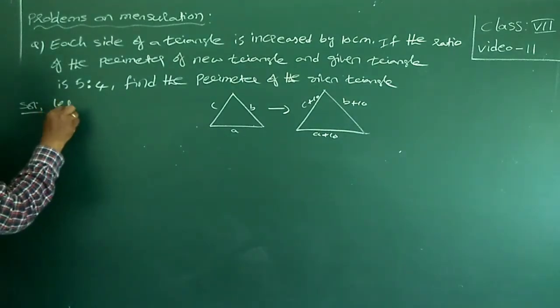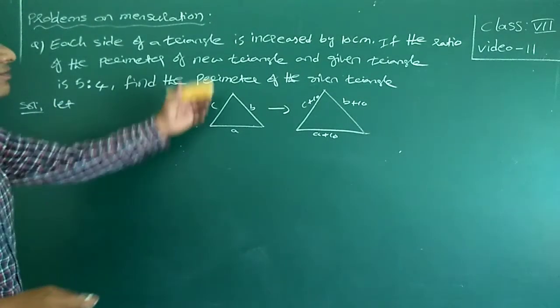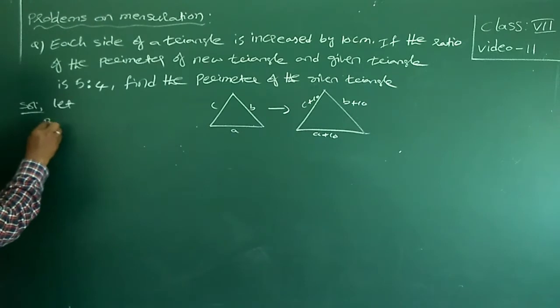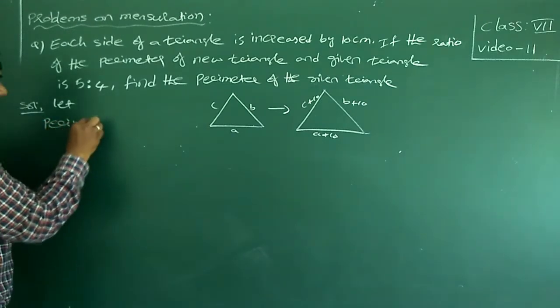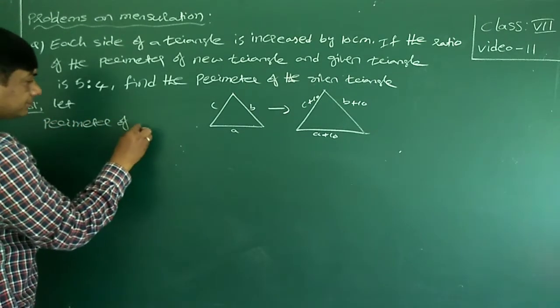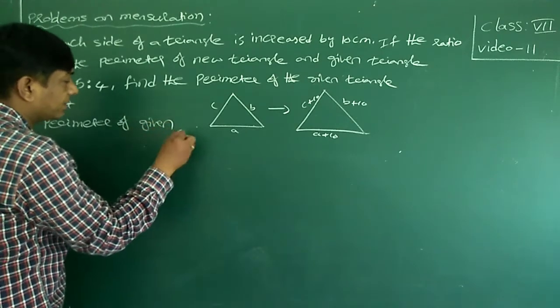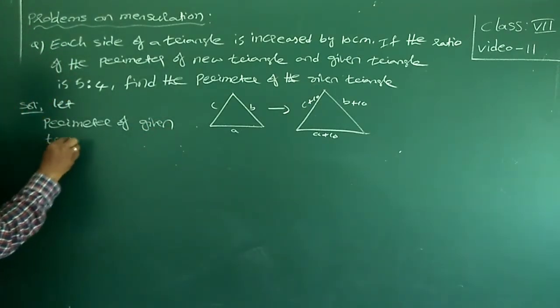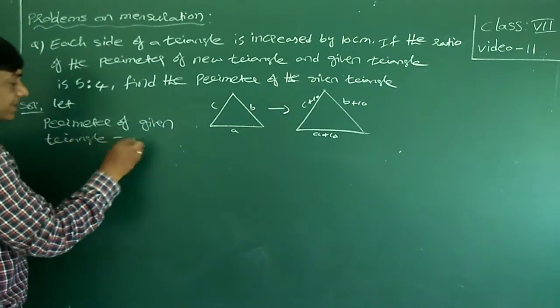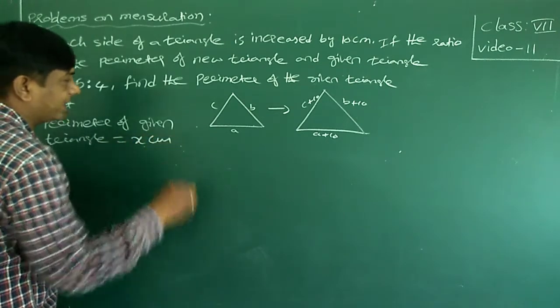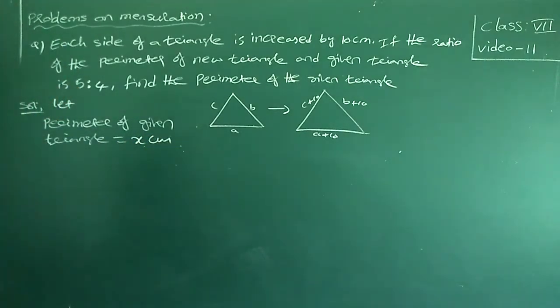Let us assume that the perimeter of the given triangle is equal to x centimeters.